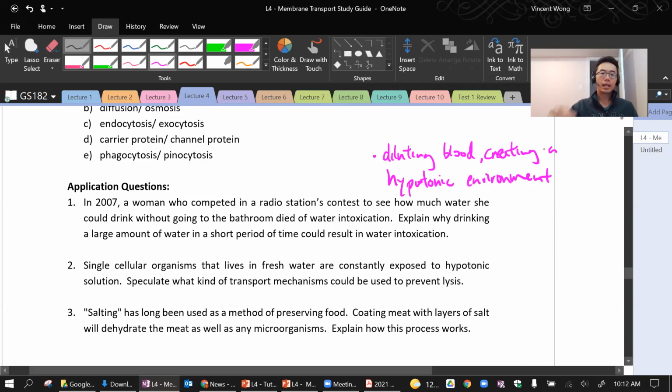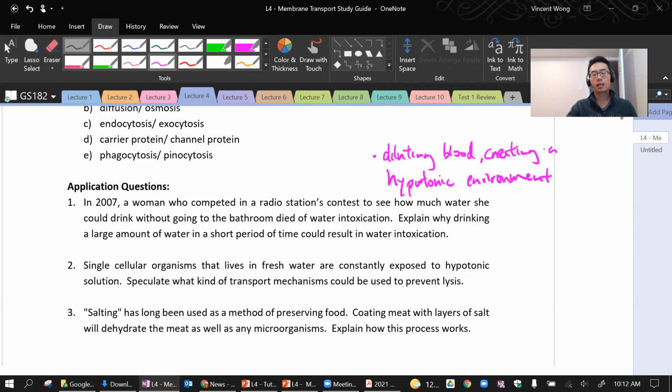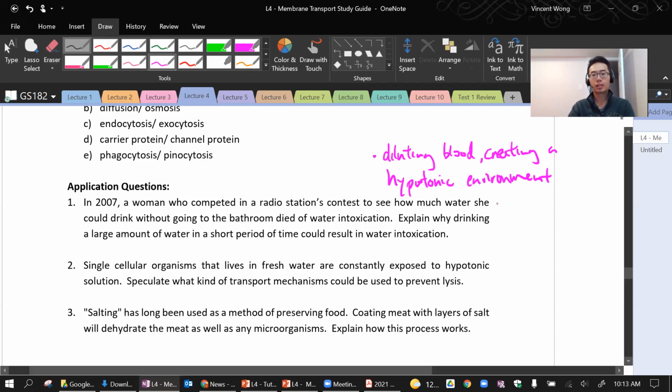And this will cause the water to go into the cell, and a lot of the cells will burst, right? Particularly your red blood cells, RBCs burst. And with a lot of RBCs bursting, you will have what's called hemolysis. Hemo is red blood cell, lysis is breaking, and then you won't be able to transport oxygen. So that's one reason you might die.